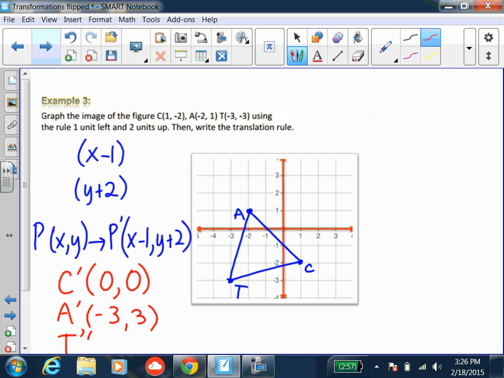And T prime, we're going to be at (-4, -1). So we've got to plot these new ordered pairs. (0, 0) is C prime. (-3, 3) is A prime. And (-4, -1) is T prime.